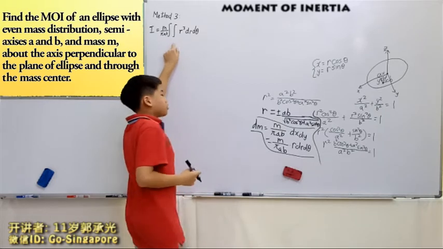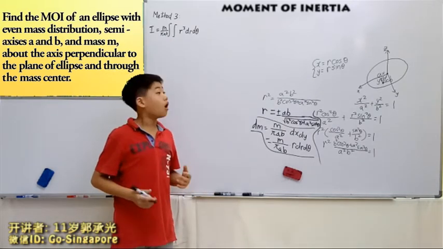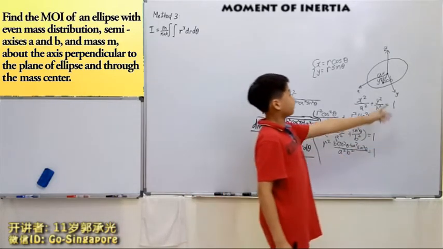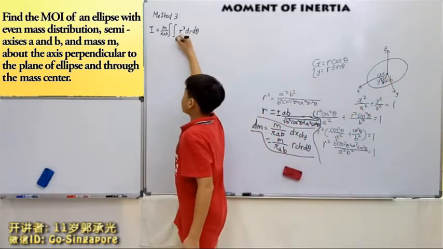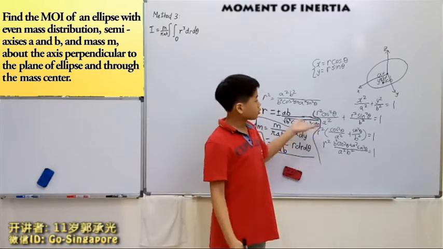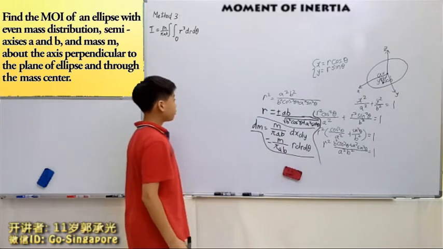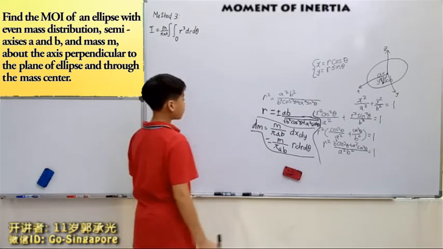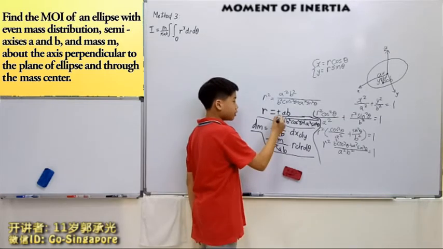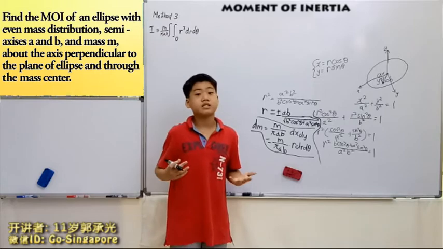Okay. Then its range. Where is it? R, of course, starting from mass center. So we can start from 0. But where does it end? Well, then let me tell you. We found it. It's right here. But positive, negative, we don't care. Why we don't care? We only want its length.